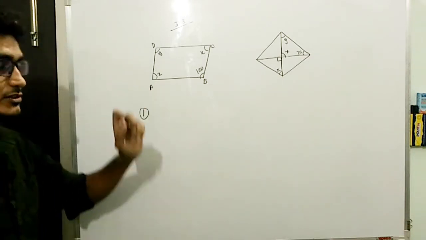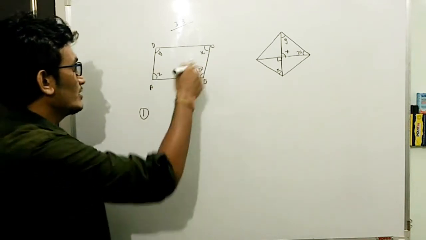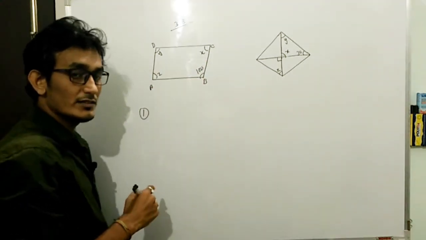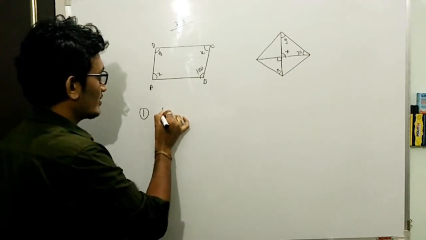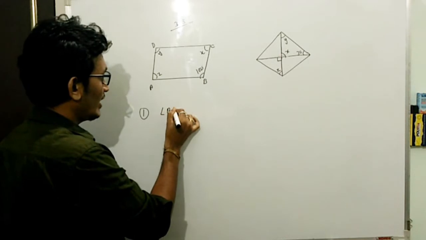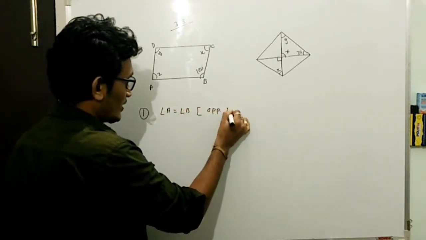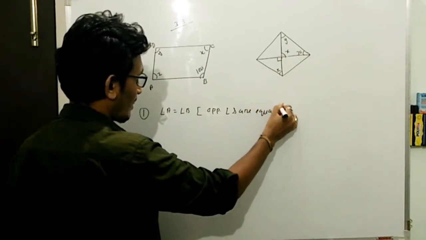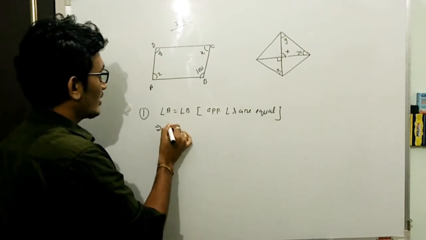This is the question in front of you, to find the value of X, Y, Z. In this parallelogram, we know the first property, opposite angles are equal. It means angle A equals angle C. From here, B means 100 degree.